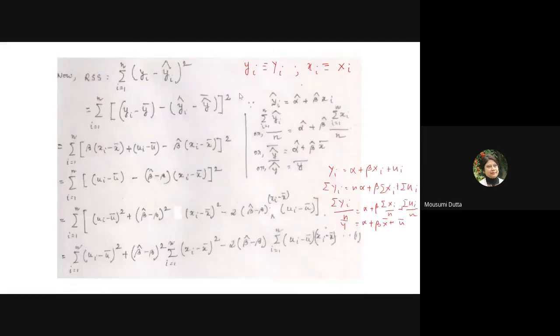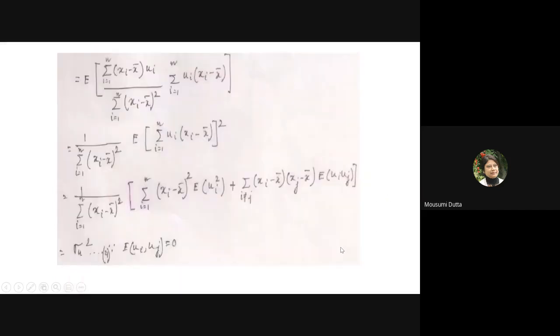Finally, we are coming to the third term: (beta hat minus beta) into summation (ui minus u bar) into (xi minus x bar). This is the 2ab part.